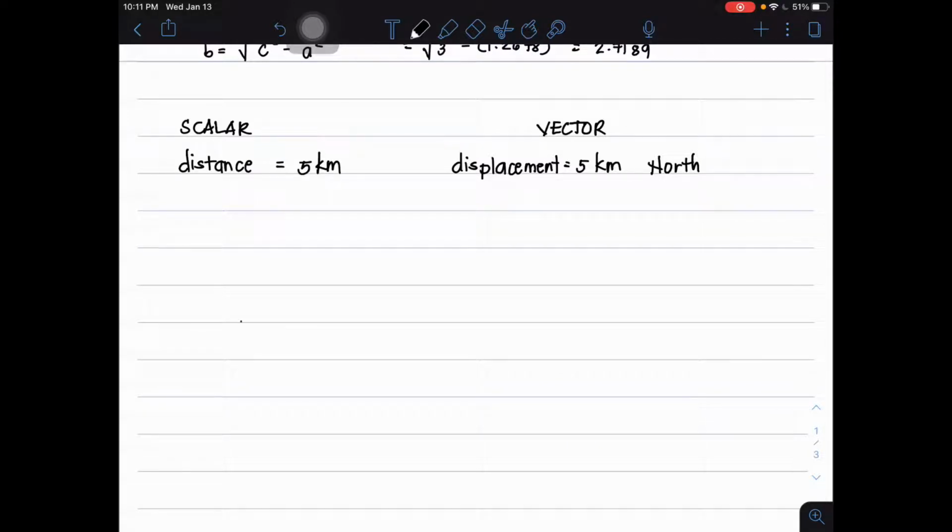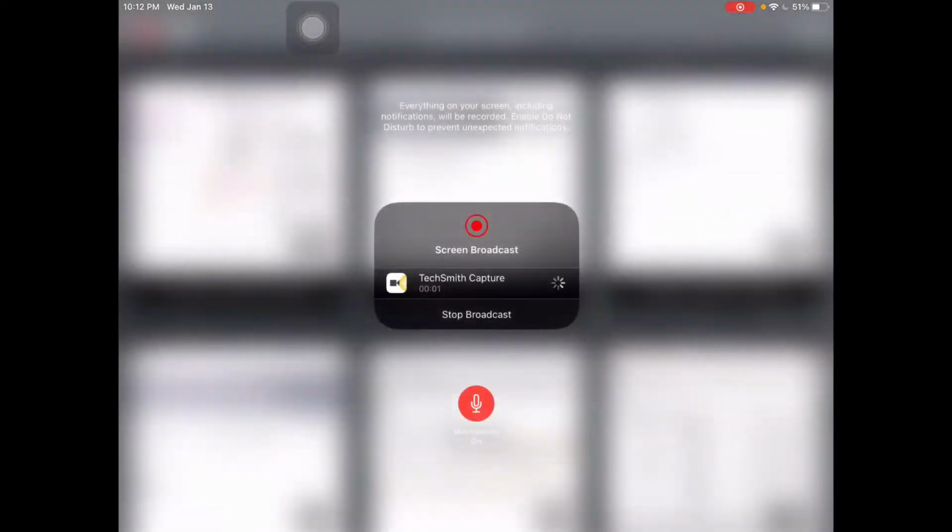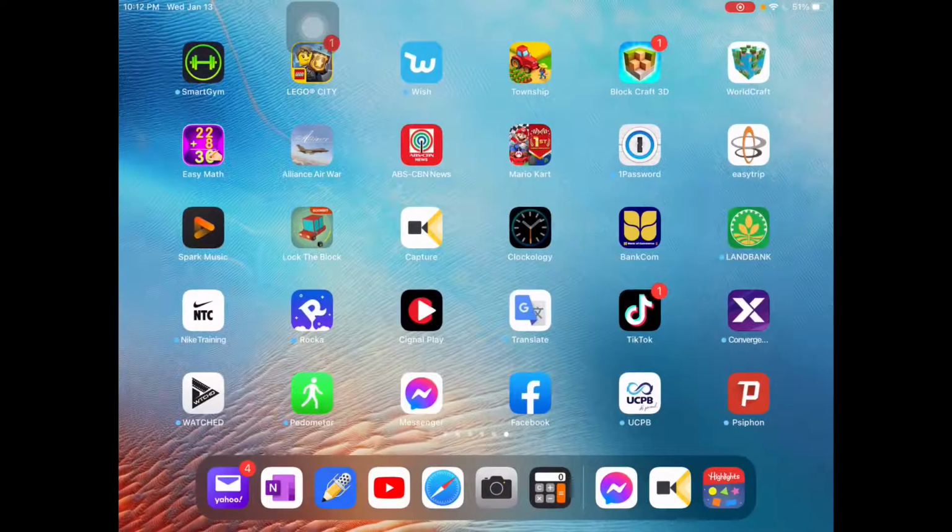Let's say this is my point of origin, point A. When I say a distance of 5 kilometers, it could go anywhere from this point. It could go here, it could go there, anywhere. So it doesn't have a specific direction. That's distance.